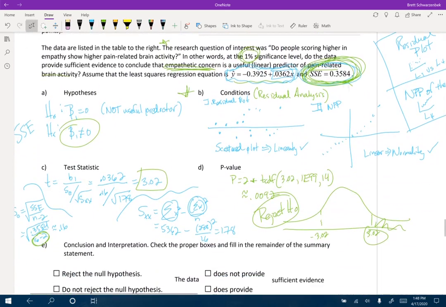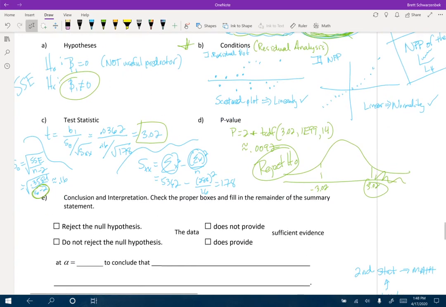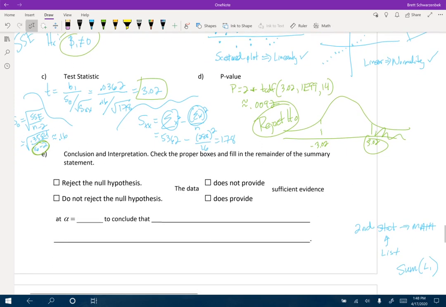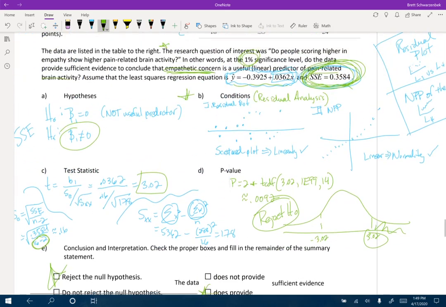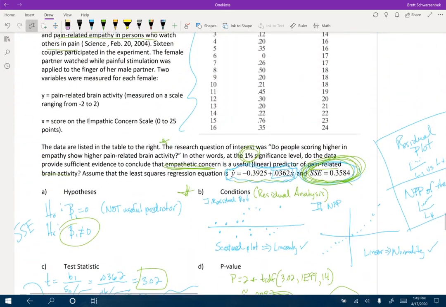Okay, so we could also write it out in the ways we did it before. I included this only because I could see somebody being a little confused by this type of setup. So what would we do? We would reject. We do provide evidence at 0.01 for the alternative hypothesis, that empathy predicts brain activity.